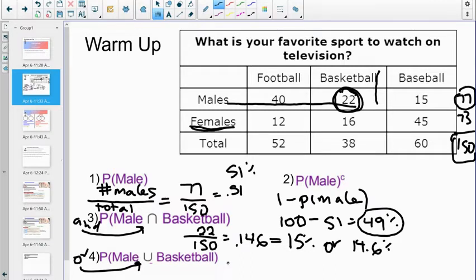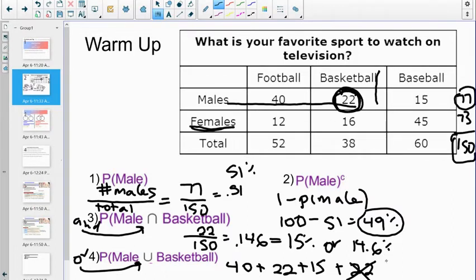So if we have 40 for male football players, plus male basketball players, plus male baseball players, then we'll add the number of basketball players total. If it's male or basketball, it can be one or the other. We're not going to include that 22 again because we already counted it once. So we don't want to double count it.